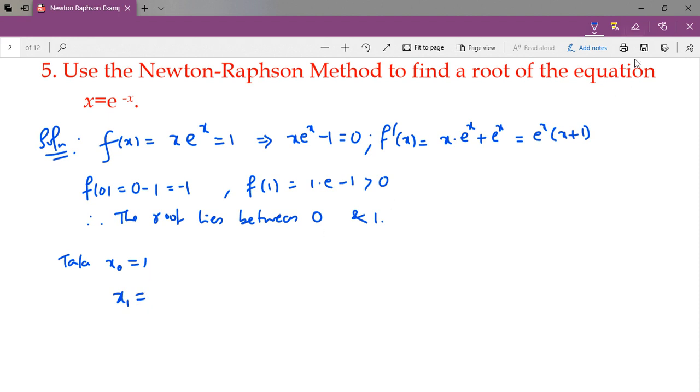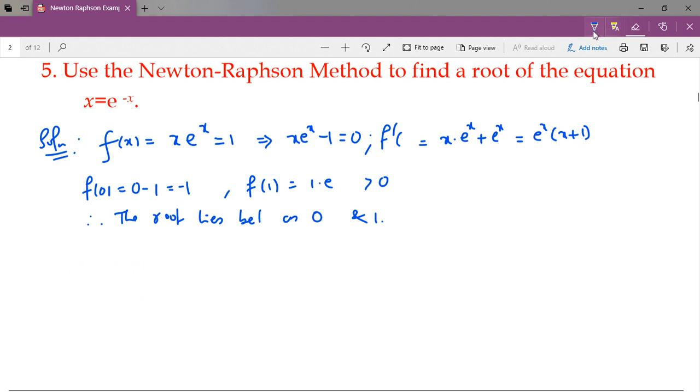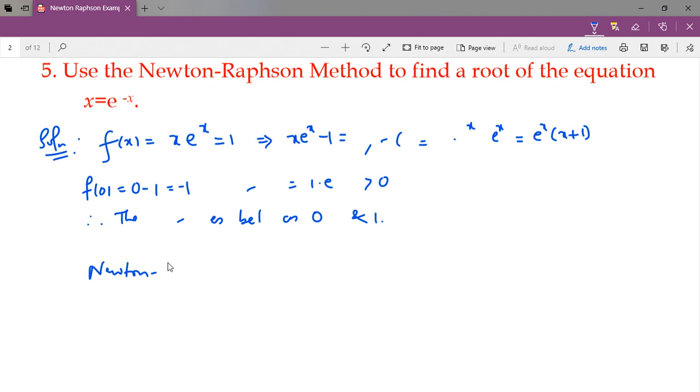One more thing, we need to write the formula first. So always we need to write the formula. The Newton-Raphson formula is x n plus 1 is equal to x n minus f of x n divided by f dash of x n.